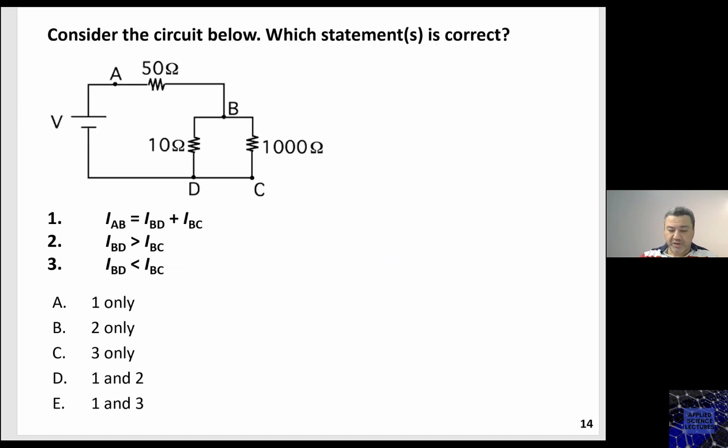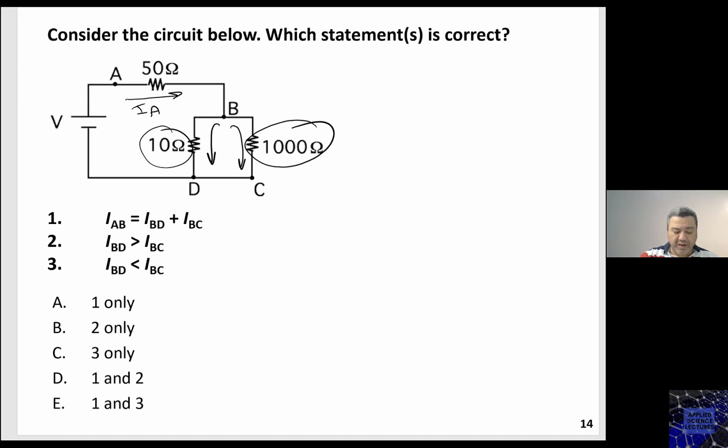One more question here. We have the following circuit. As you can see, I have two resistors here, 10 ohm and 1000 ohm, connected in parallel. Which statement is correct? One, the current IAB equals the current IBD plus the current IBC.